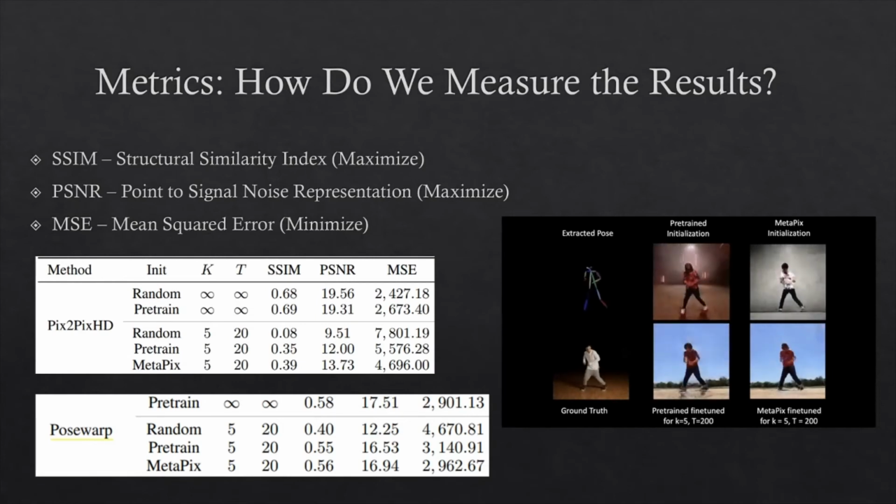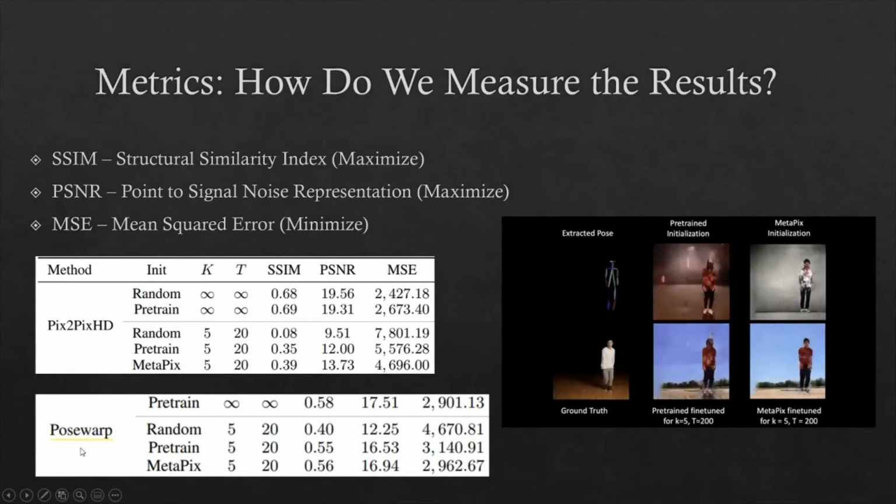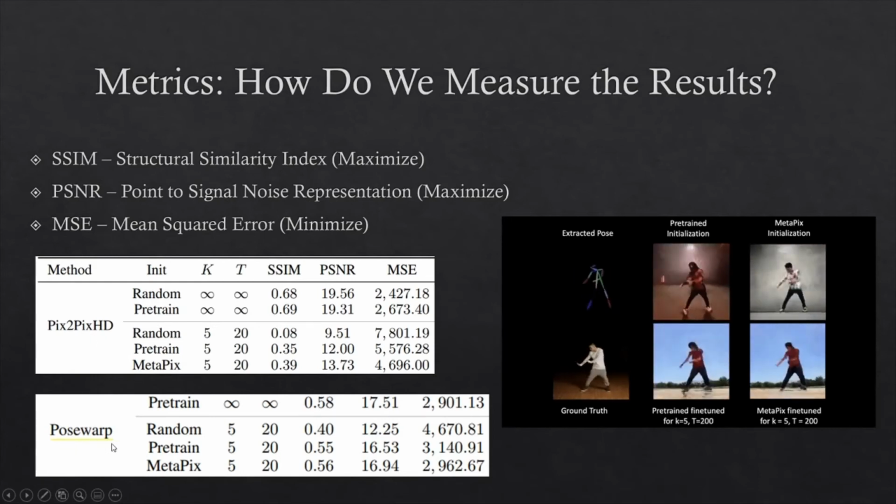And if we look at both methods, for the Pix-to-Pix HD and the pose warp, we can see that MetaPix has the best values for all metrics. So we can look at MetaPix in Pix-to-Pix HD with a K size of 5 and training size of 20 epochs.